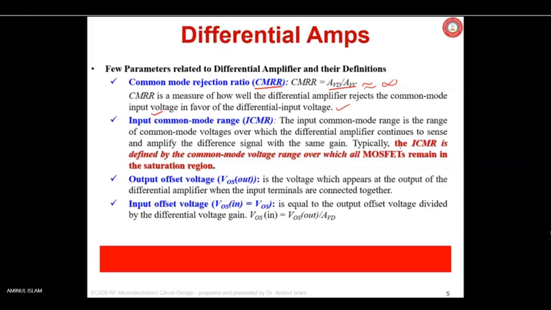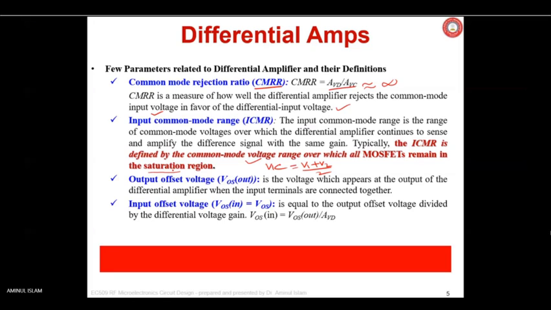So typically the ICMR is defined by the common mode voltage, that is VIC, that is (V1 plus V2) by 2, the average value of the input voltages, over which all the MOSFETs remain in the saturation region.